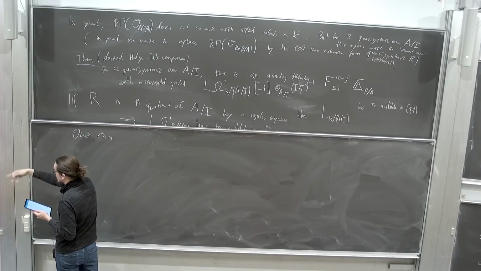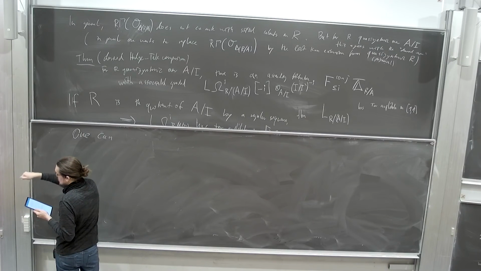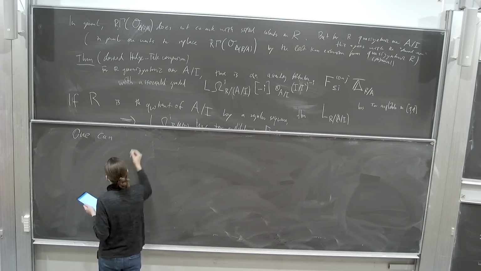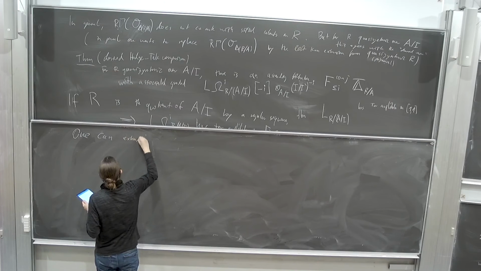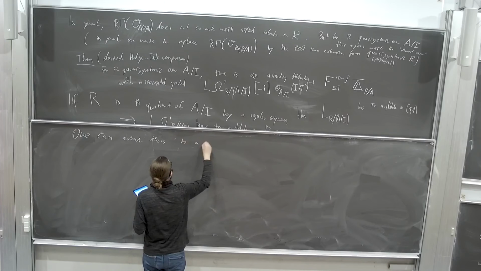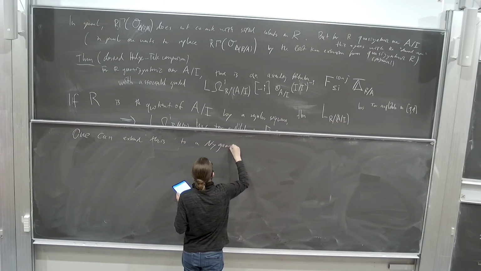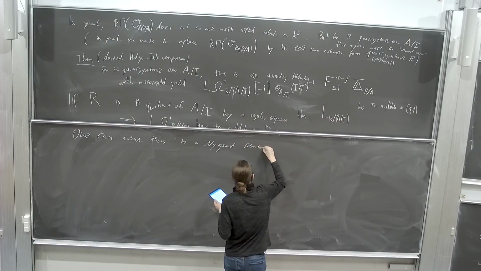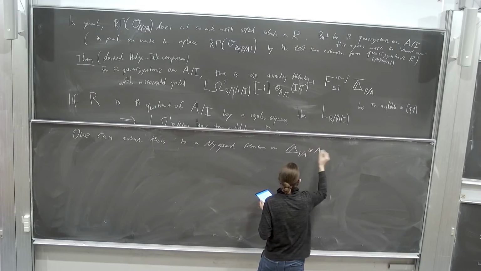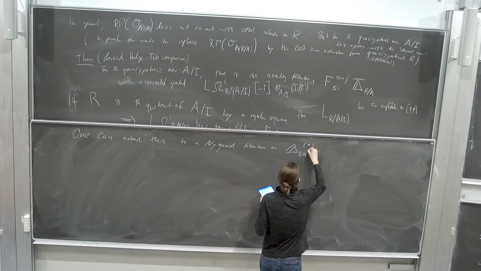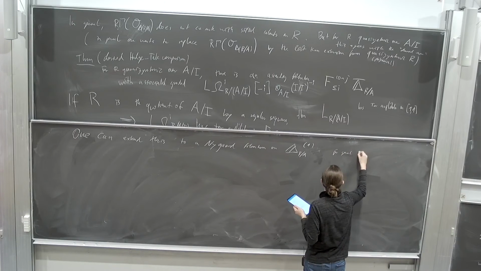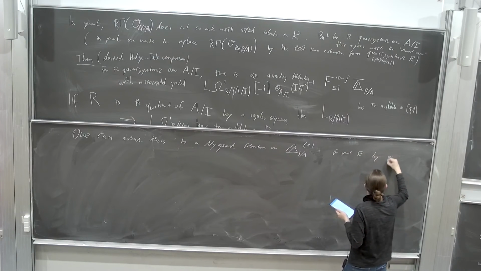Because here we're more in a regular quotient of A mod I type situation, but one can extend this to a Nygaard filtration on the Frobenius twist of prismatic cohomology for general R by quasi-syntomic descent.